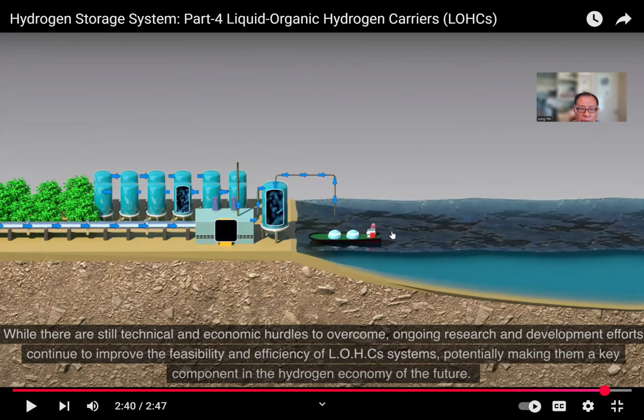And then it can be used, of course, for storage, or for transportation of the H2. But in a large volume, not a small volume. For small volume, the cost will be much higher. So it is a kind of large volume application, which has already been developed and used.